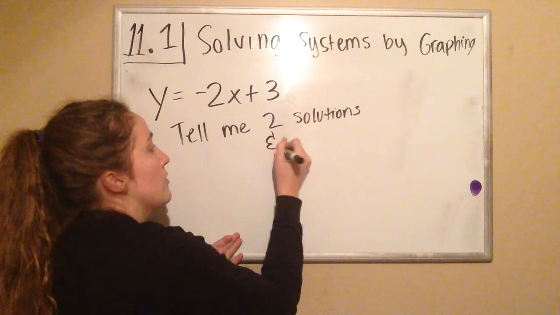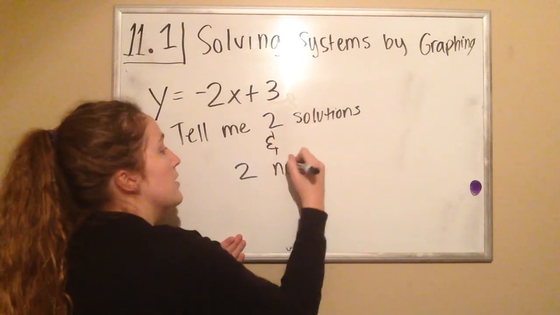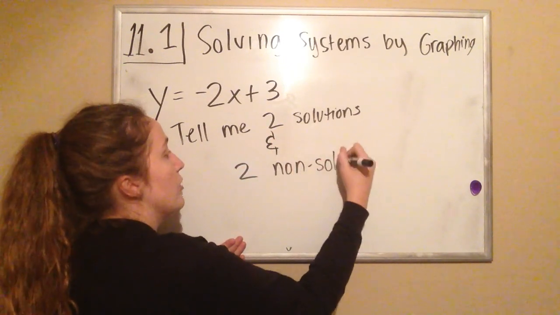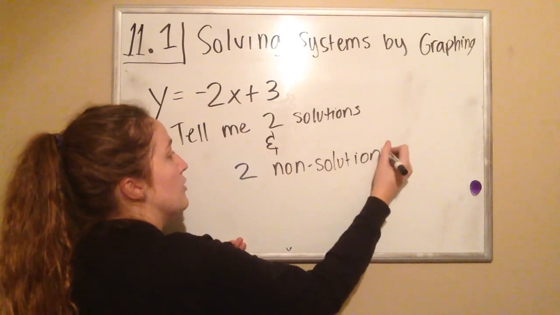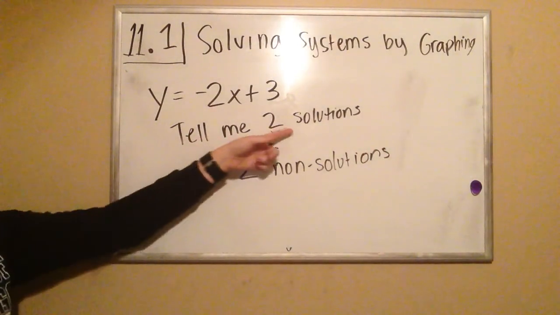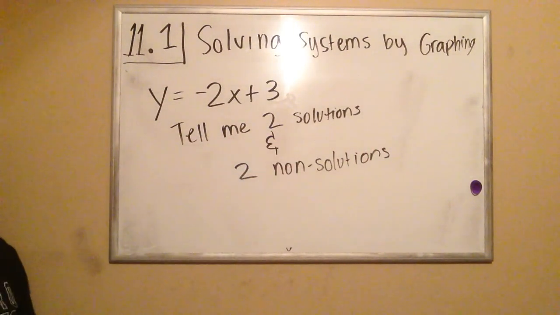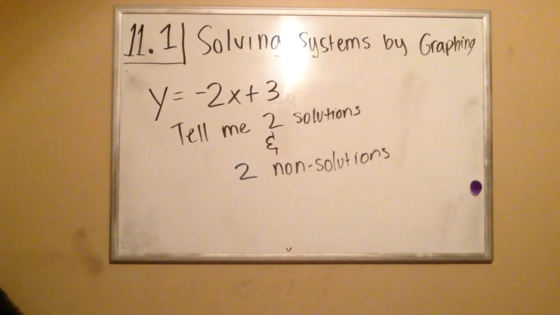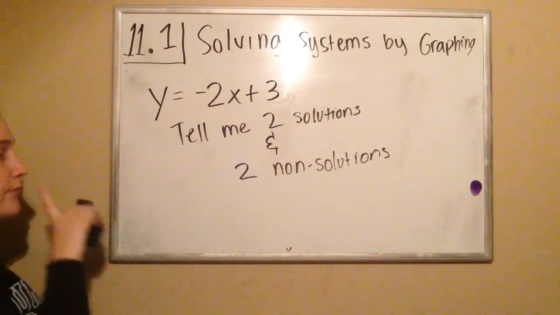And I'm going to challenge you to also think of 2 non-solutions, just meaning that they're any ordered pair that is not a solution. So I want you to tell me 2 solutions and 2 non-solutions of that line there. Alright, that's on the left-hand side. Please pause your video, do that now.